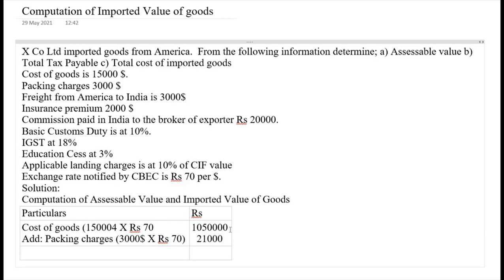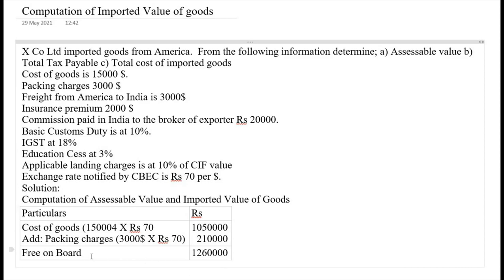The sum of this will be the free on board value, which comes to rupees 12,60,000.